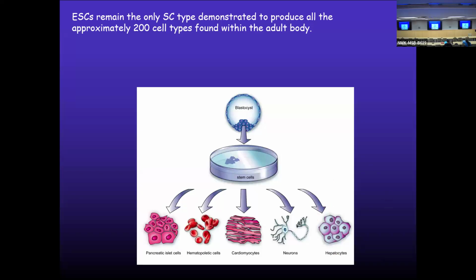So you can make cells from the 3 germ layers: ectoderm, mesoderm, endoderm. Okay, and it makes sense because these cells were obtained from the inner cell mass before the segregation of the different layers. So there's a lot of embryology here.